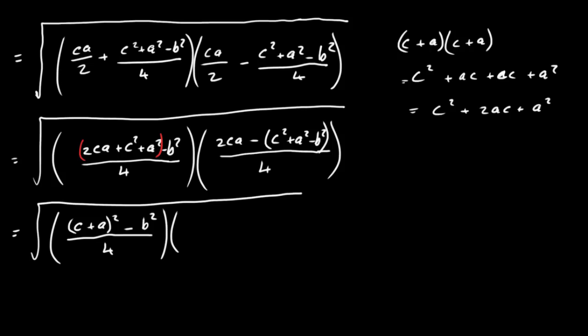Over here then we have the same kind of thing. I'll just do it over here. We have this 2CA minus C squared minus A squared plus B squared.